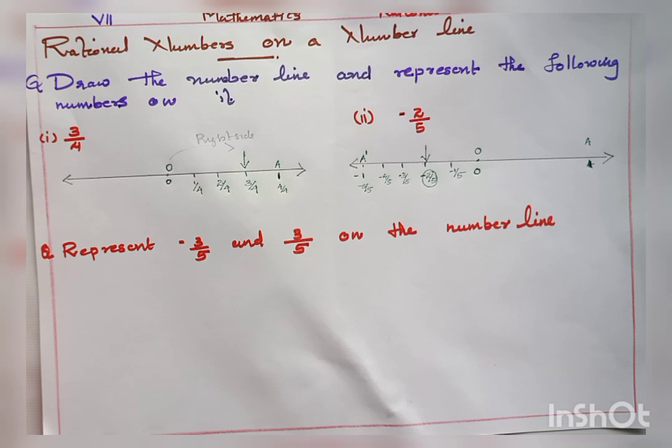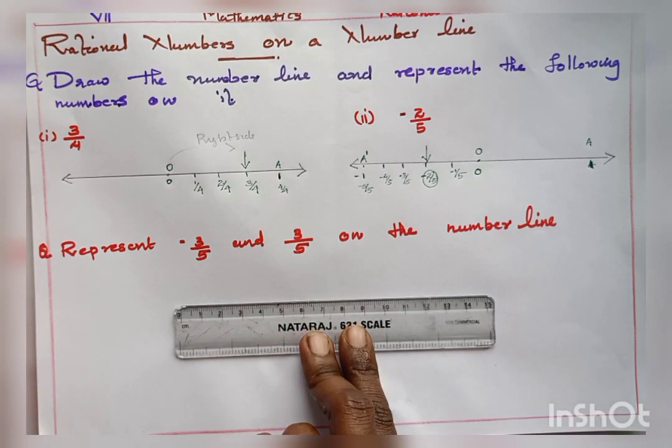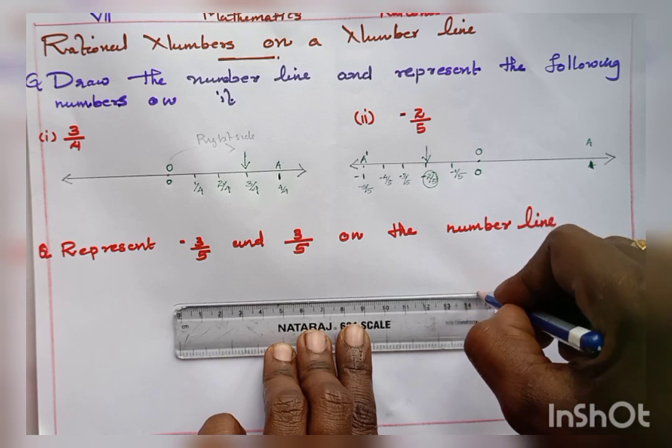Next, represent minus 3 by 5 and 3 by 5 on the number line. That means we represent negative 3 by 5 and positive 3 by 5 on the same number line. So draw one number line.